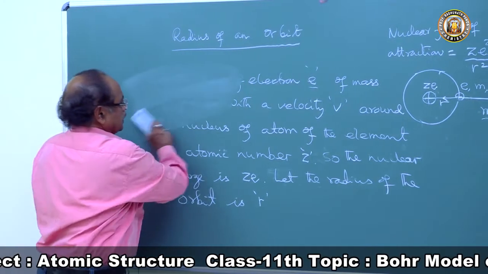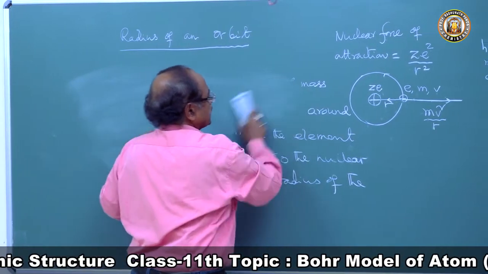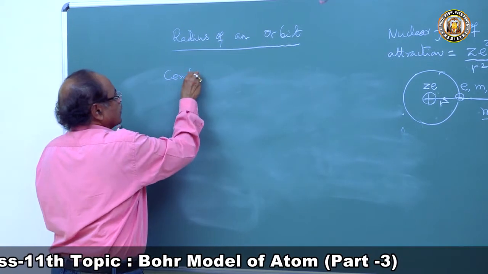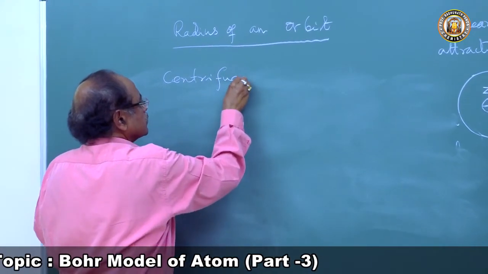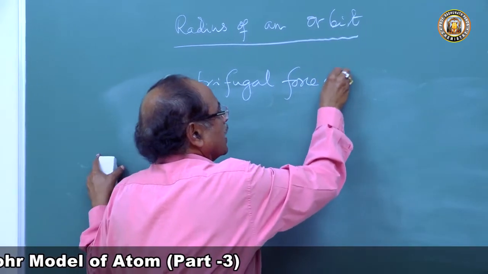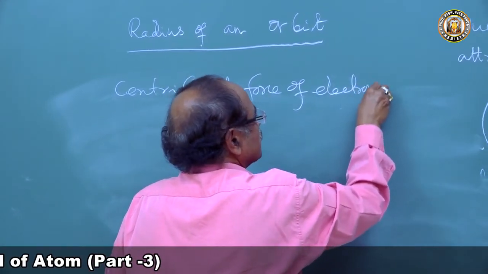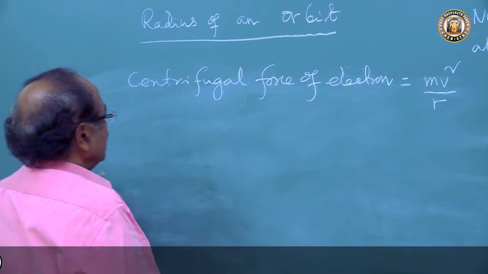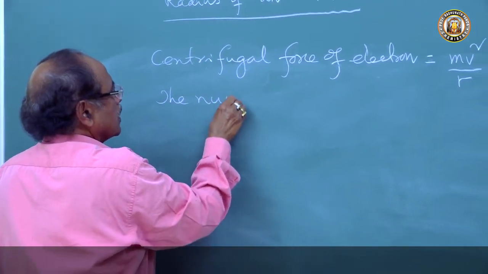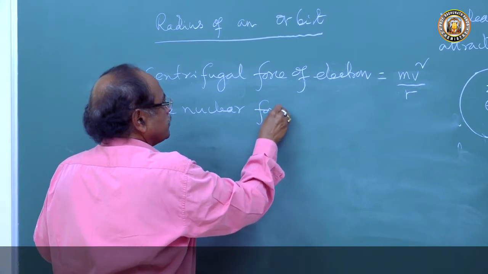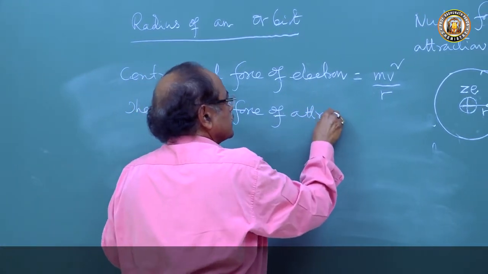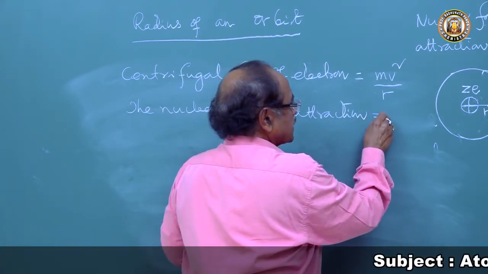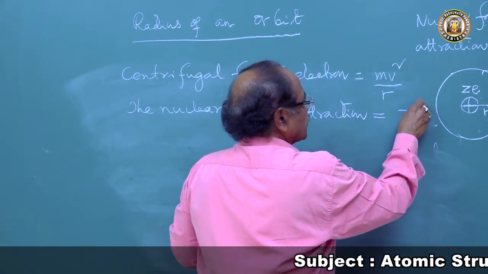So now, the centrifugal force of electron is equal to mv square by r, and the nuclear force of attraction, or the force of electrostatic attraction existing between the nucleus and the electron, is Ze square by r square.